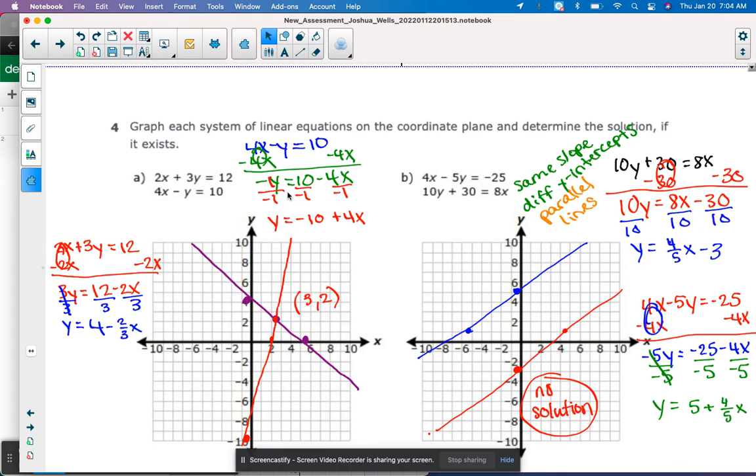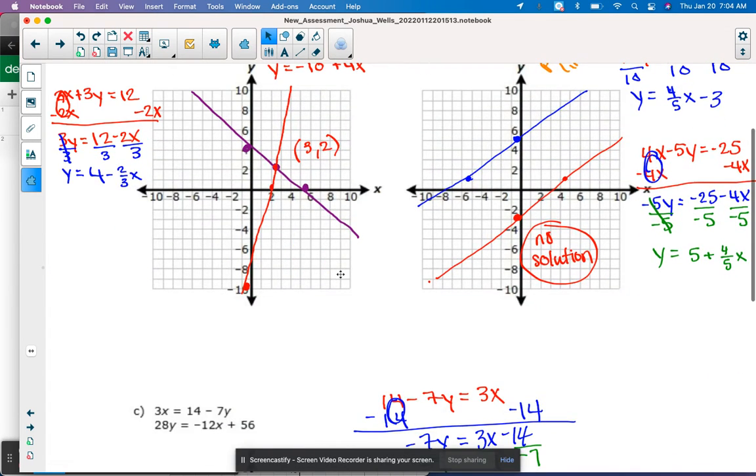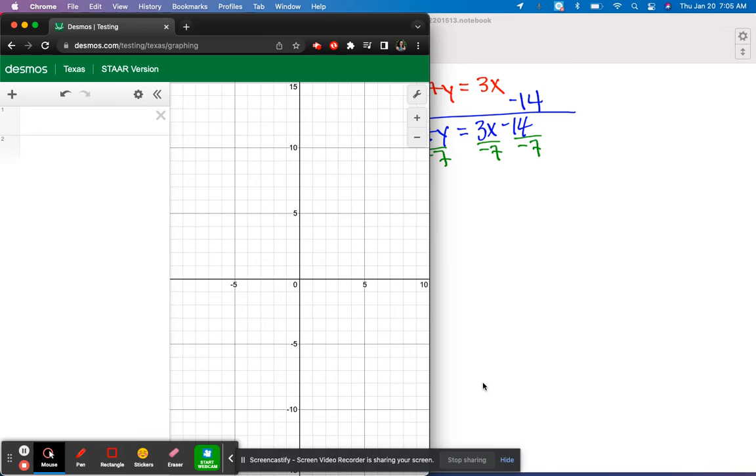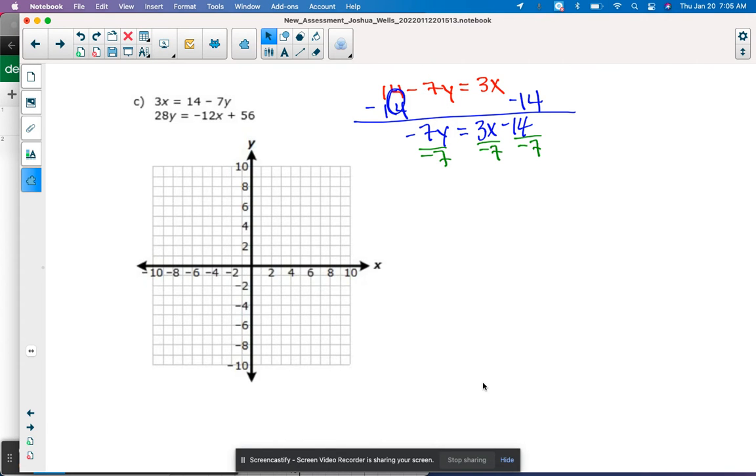And the last thing we have to do is divide by -7. Oops, sorry guys, I didn't realize it had scrolled. So when we divide by -7, we're left with y equals -3/7 x plus 2.